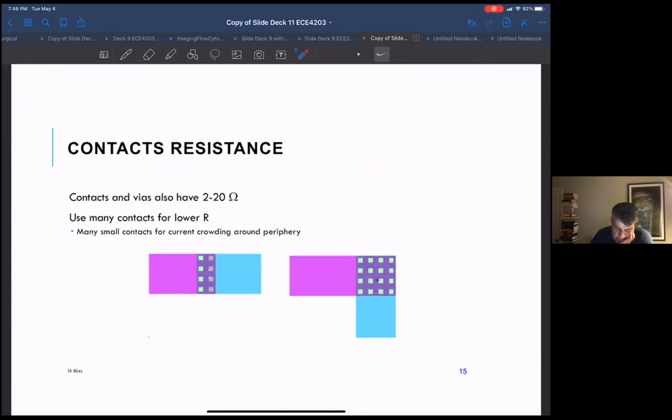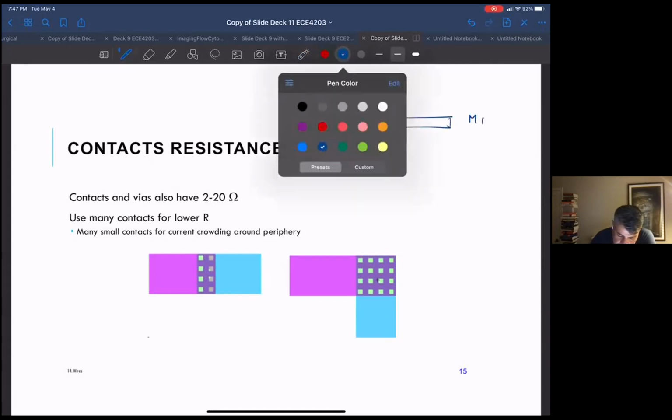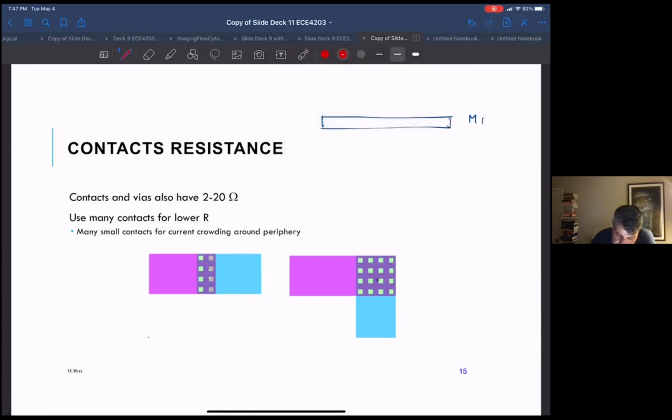We've been talking about the resistance of a metal line, but actually the contacts matter too. Let's say I have this metal 1 and I want to connect it up. We always have to do this to be able to route stuff around.